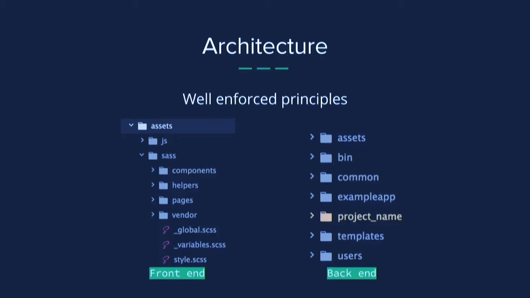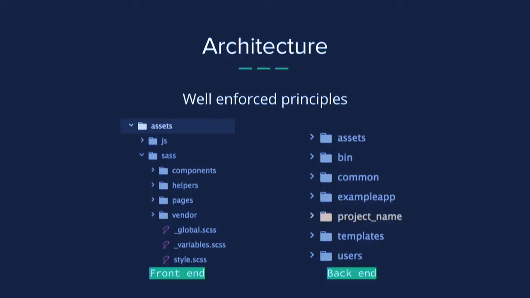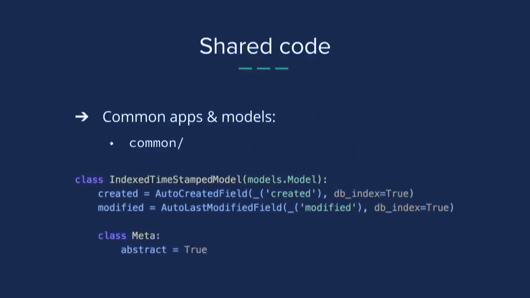And on the back end, one thing we do is, for example, we leave the templates folder on the root of the project, because this way the front-end developer knows exactly where he has to find the files he will work on, and it's not in each app. And besides the structure and the folders, we go a little bit ahead, and we also include some shared code.